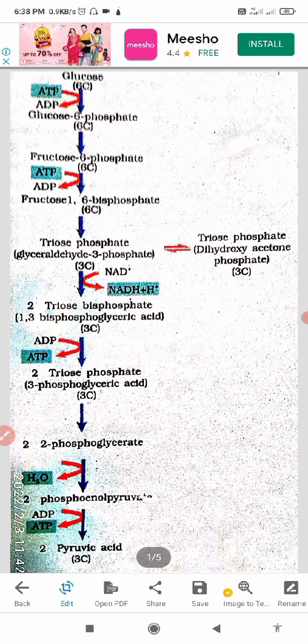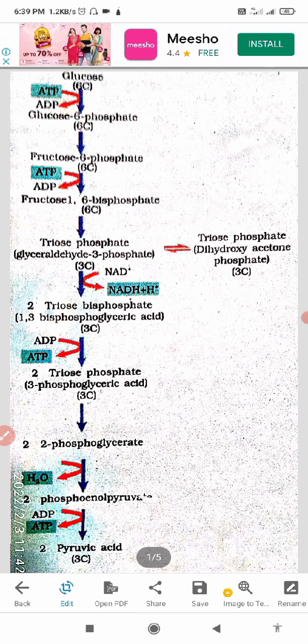So ADP is free, and the phosphate molecule is added to fructose phosphate, which results in the formation of fructose 1,6-biphosphate. So you saw that when one phosphate molecule was added, fructose 6-phosphate was formed, and when a second phosphate molecule was added, the biphosphate was formed.